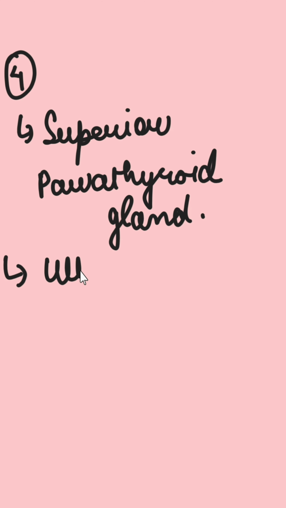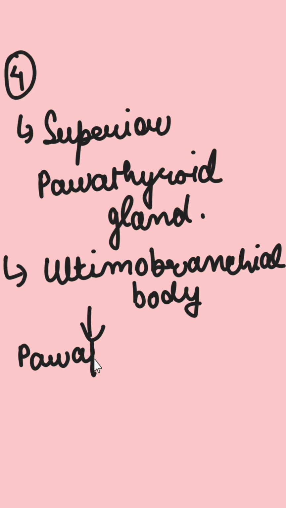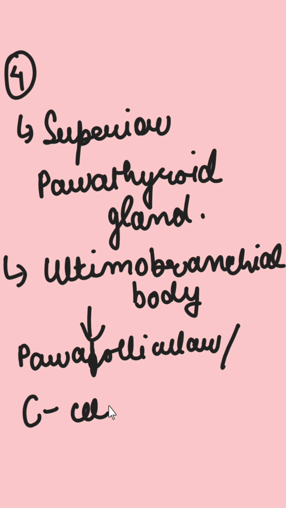Let's move on to the fourth pharyngeal pouch. The derivatives of the fourth pharyngeal pouch are the superior parathyroid gland, and another structure we have is the ultimobranchial body, which later on forms the parafollicular or the C cells of the thyroid gland.